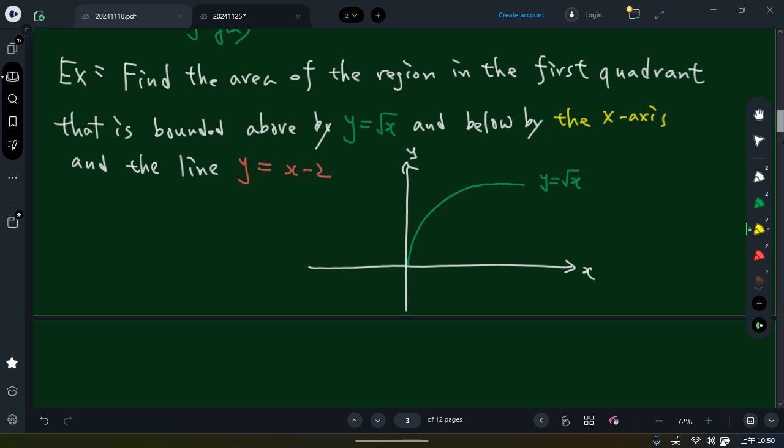Then below means we have a lower bound. Lower bound means here the x-axis, right?